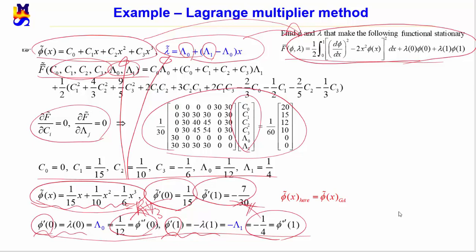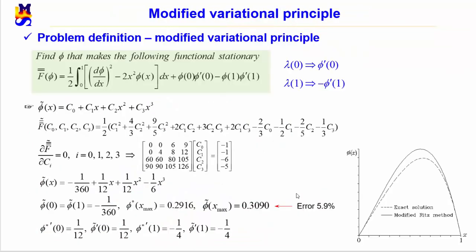Of course, Lagrange multiplier method increases the number of unknown variables, so it gives us the improved solutions at the expense of computational inefficiency and a little theoretical difficulty.